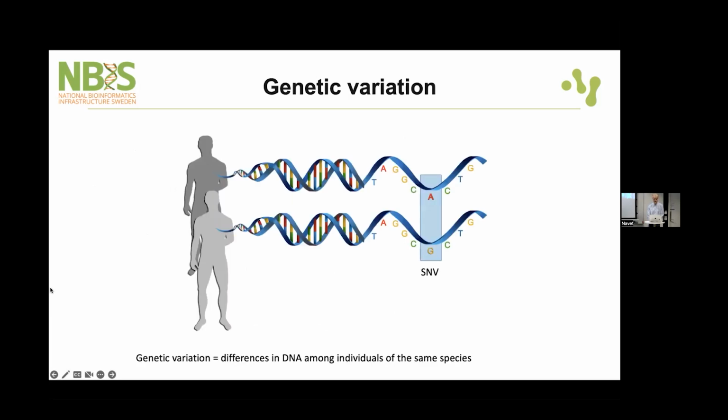Now, haplotype caller is designed to call small variants, such as substitutions and small insertions and deletions. The type of variation that constitutes a very large fraction of the genetic differences within and between populations, mainly SNPs.